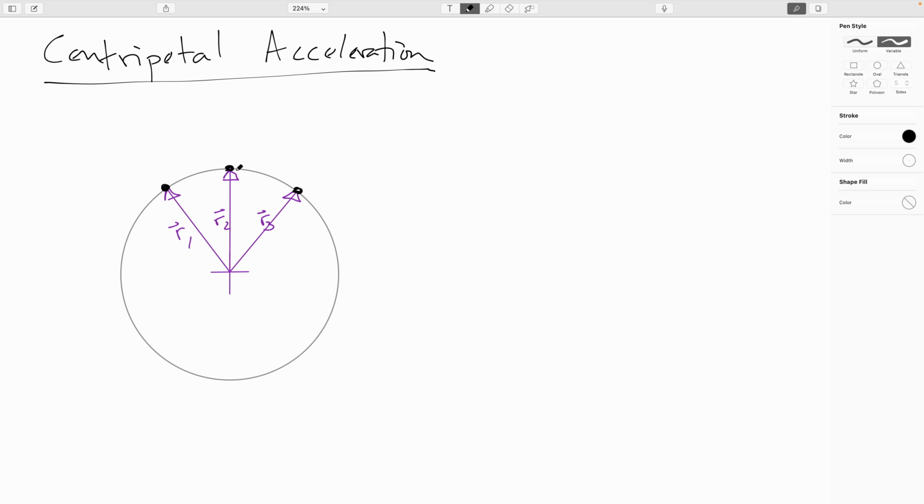So to get the average velocity for this interval, first thing I need to do is get the displacement. So let's go ahead and do that. So if I look at the interval from 1 to 2, my final is R2, like so. And my initial is R1, but I'll be adding negative R1 to that.